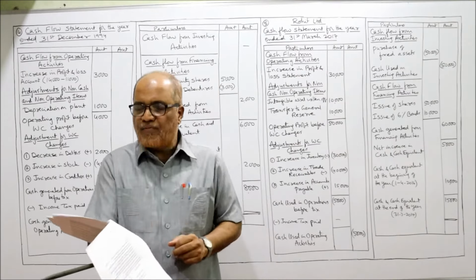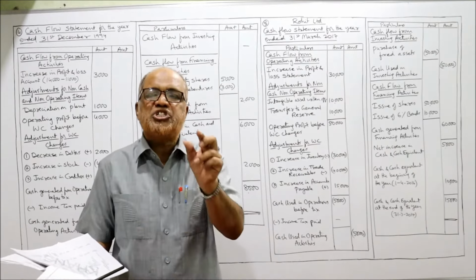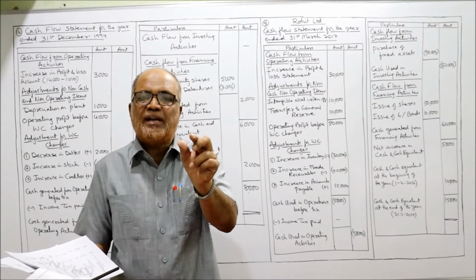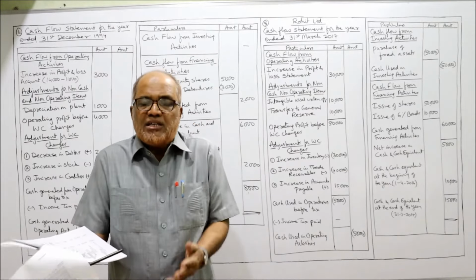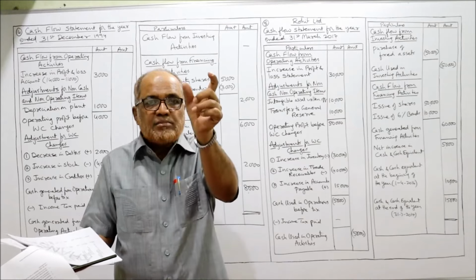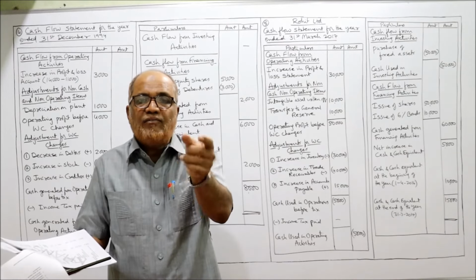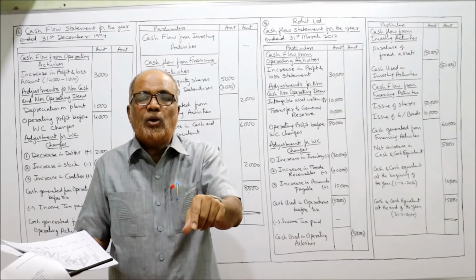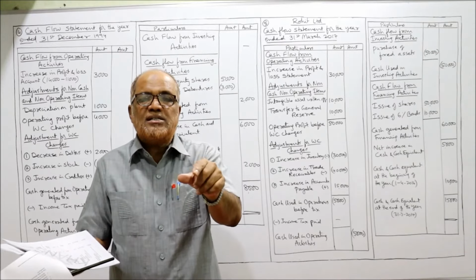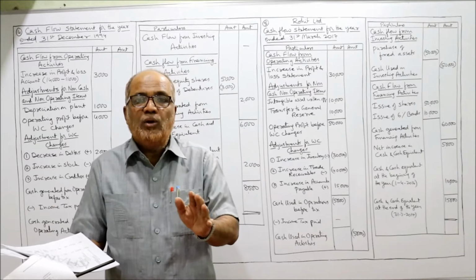So last year it is 50,000, current year 40,000, means 10,000 rupees of intangible assets were written off. It is not given in the problem, but just by comparing the figures we conclude that intangible assets may be written off during the year.